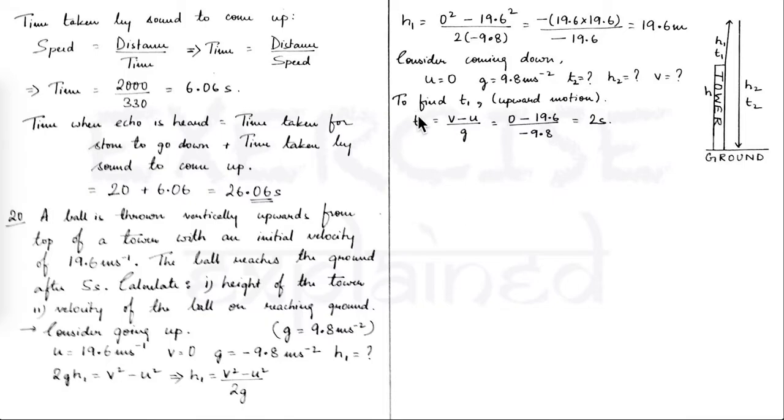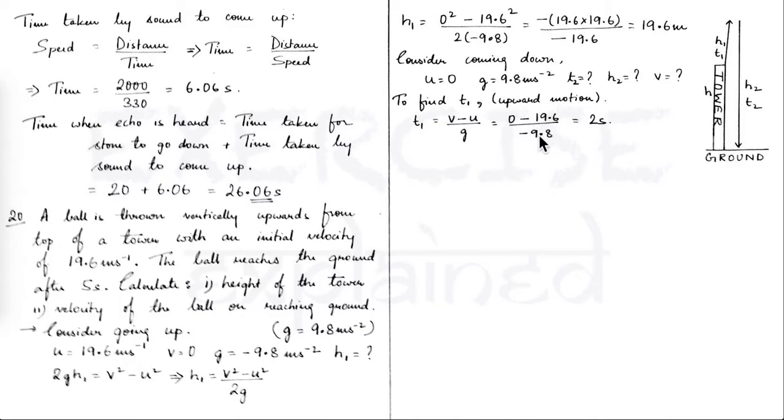So we can find the value of t1. t1 will be v minus u divided by g, for these values here. That gives us v is 0 minus 19.6 divided by minus 9.8, because we are considering going upwards. So I have written here in bracket upward motion. So 0 minus 19.6, that is the value of u, divided by g which is minus 9.8.